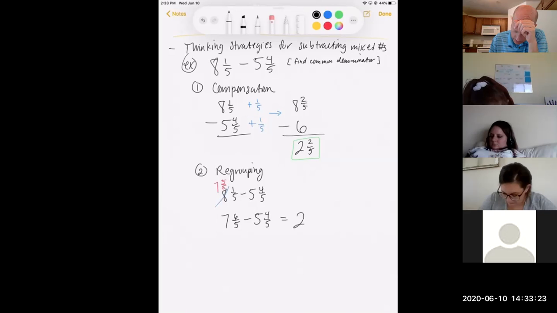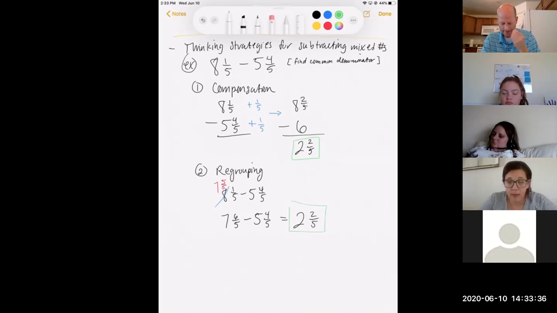So let's subtract the whole numbers to get 2, and 6 minus 4 is 2. So my answer is 2 2/5. So there's thinking strategies for subtracting fractions, or those mixed numbers where you can just do regrouping.